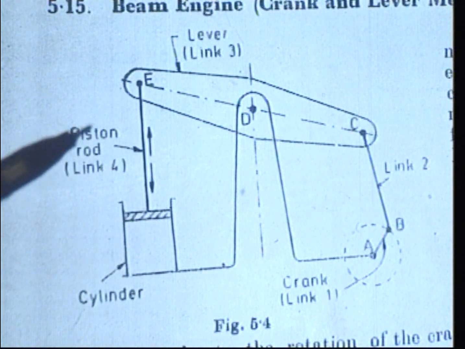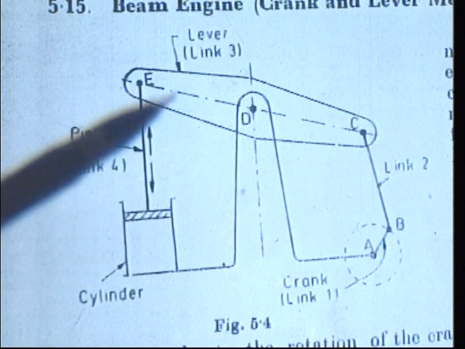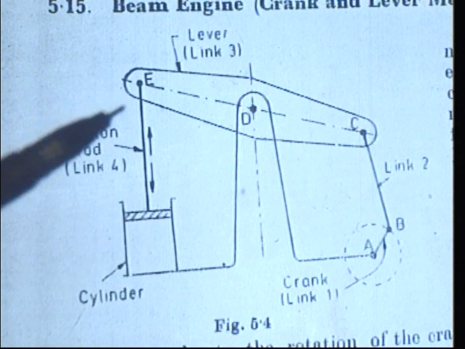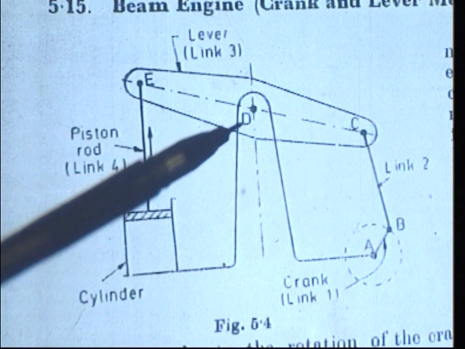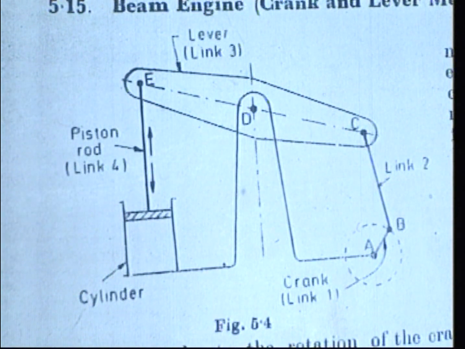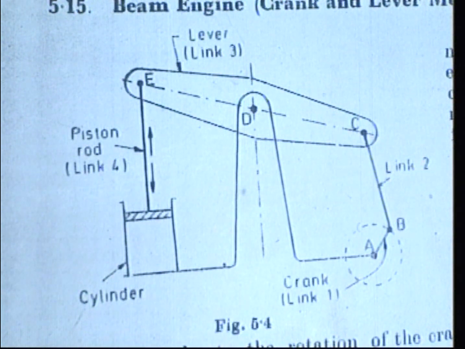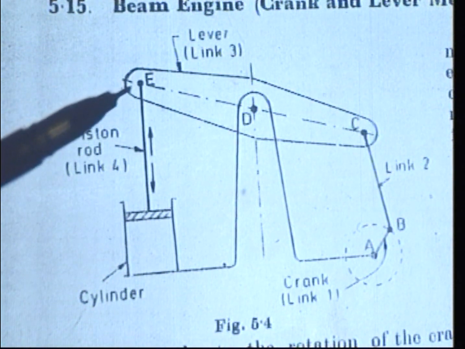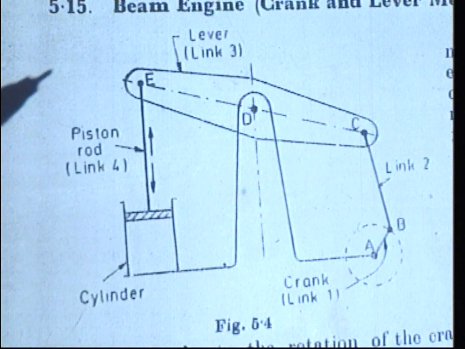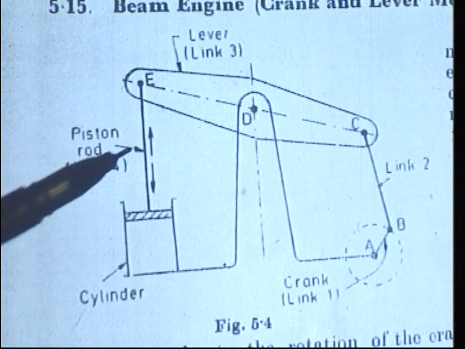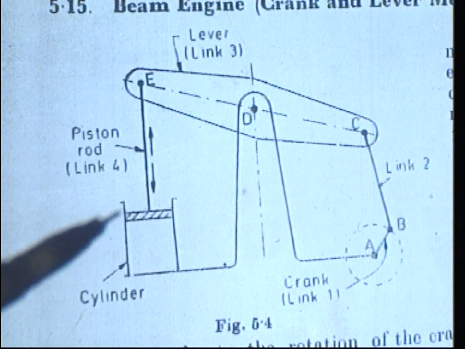In this figure, the lever EDC oscillates about a fixed center D, while the crank rotates about the fixed center A. The end E of the lever CDE is connected to a piston rod which reciprocates due to the rotation of the crank.